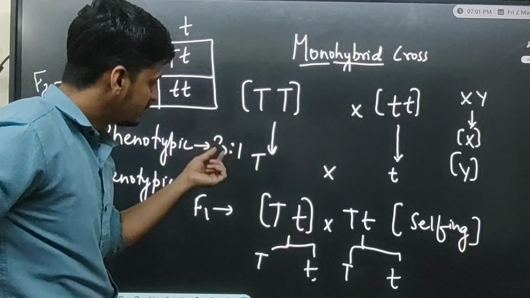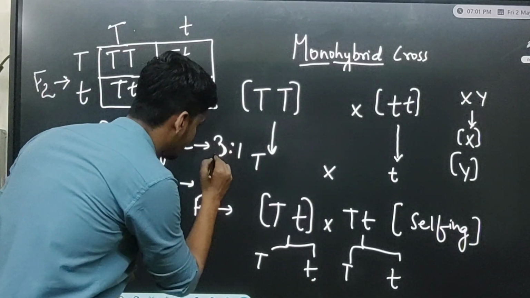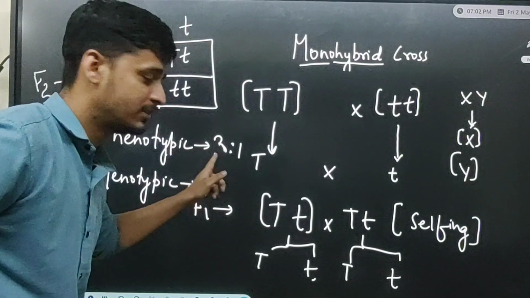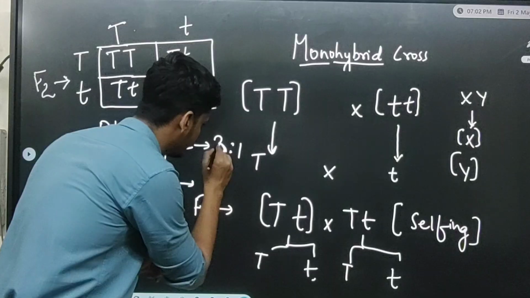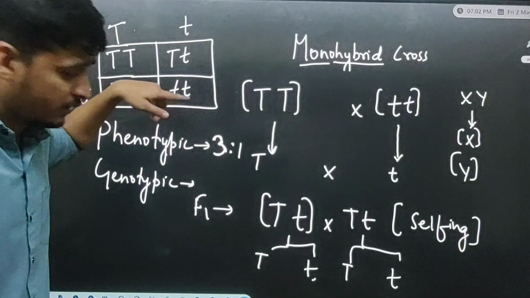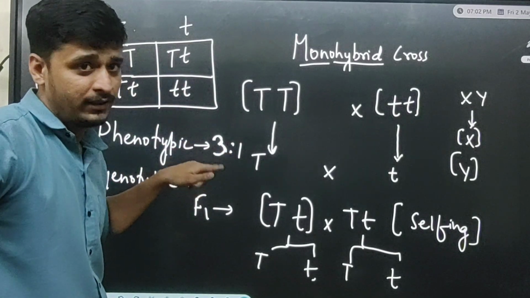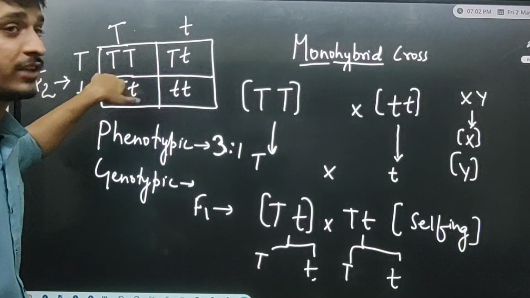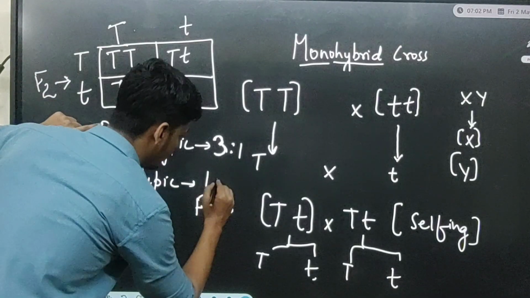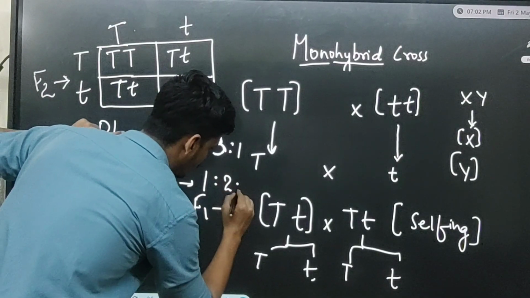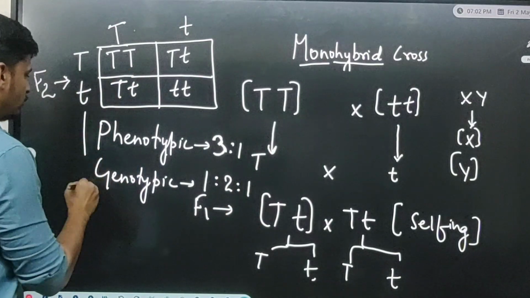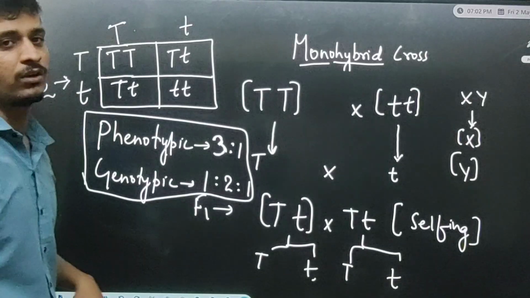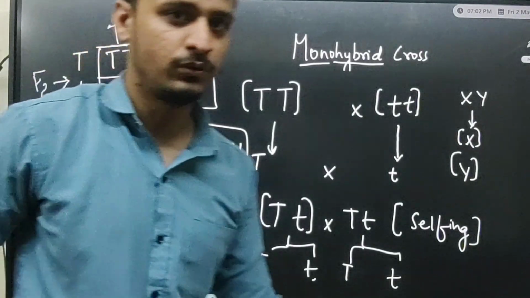So these three tall plants are governed by different types of genes, right? Their character is controlled by different alleles. So here one is homozygous tall and these two are heterozygous tall, and one is short. So these are the two ratios in a monohybrid cross, 3:1 and 1:2:1.